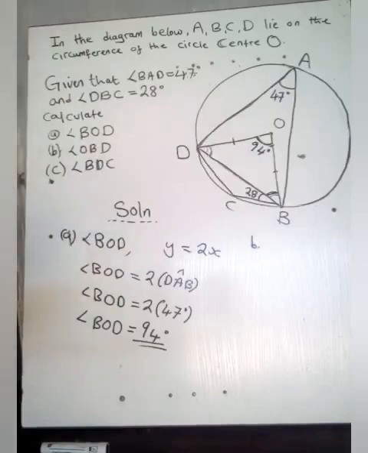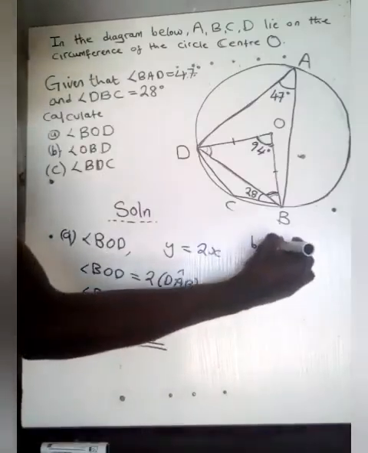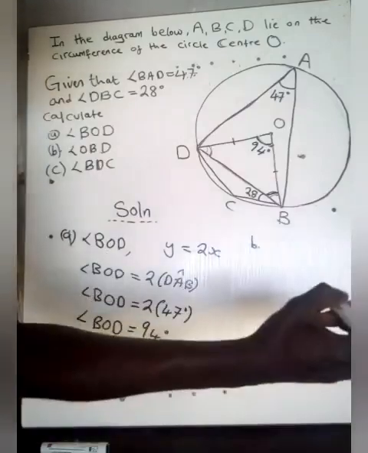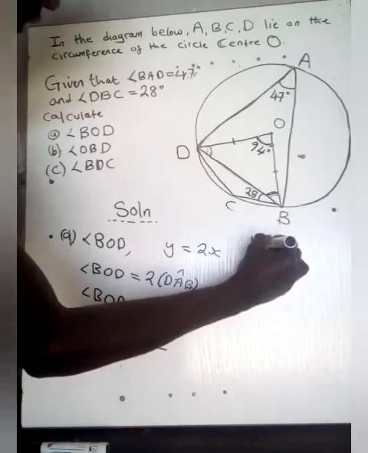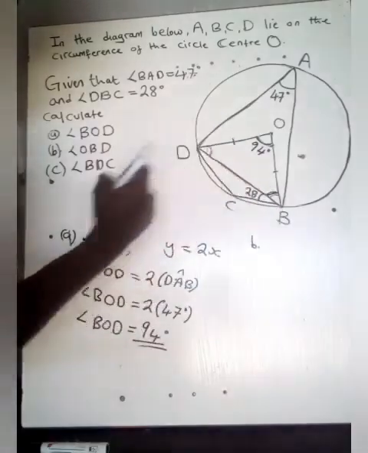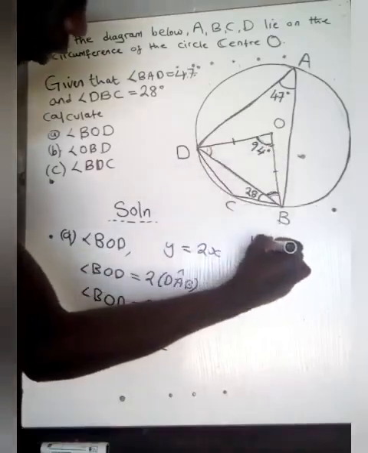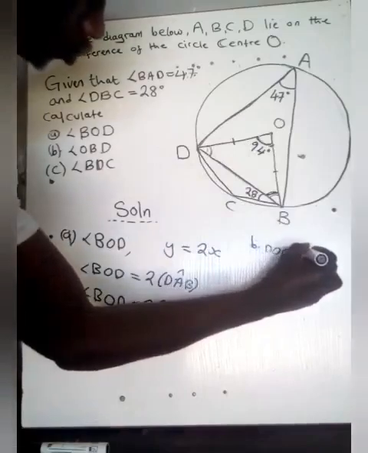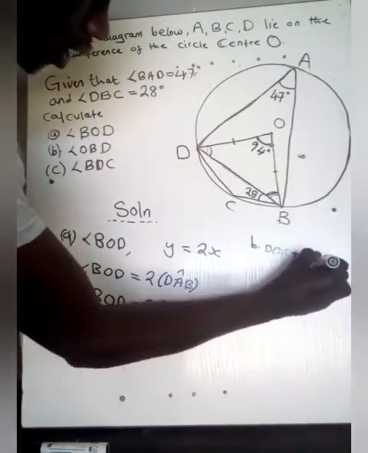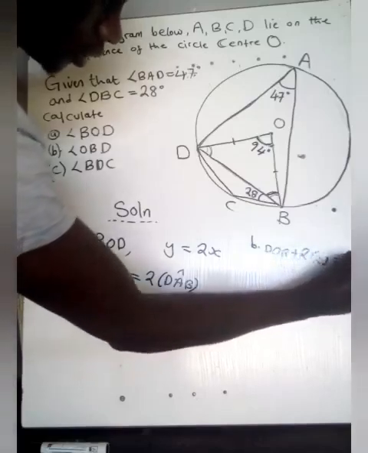And what did we say? In an isosceles triangle, we represent the two equal angles by x. When I add all the angles in this triangle, they should give me 180. So angle DOB plus 2x should give me 180.